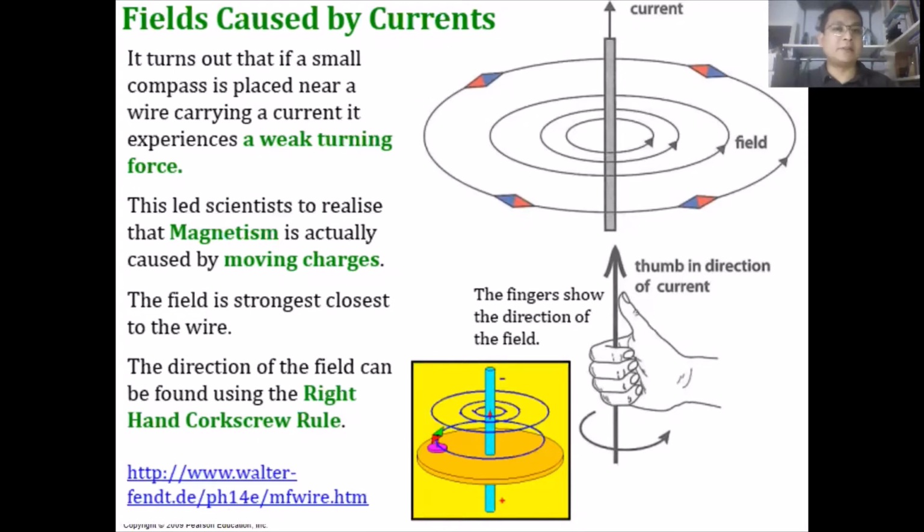So it means the current and the magnetic field have a correlation. This led scientists to realize that magnetism is actually caused by moving charge.